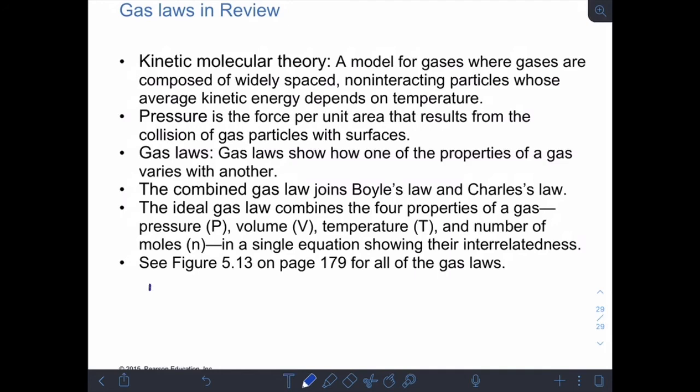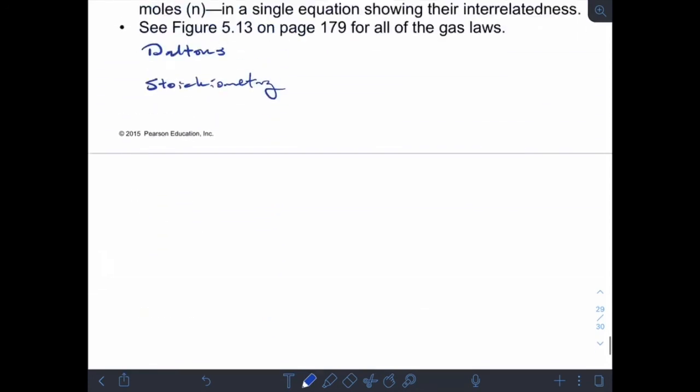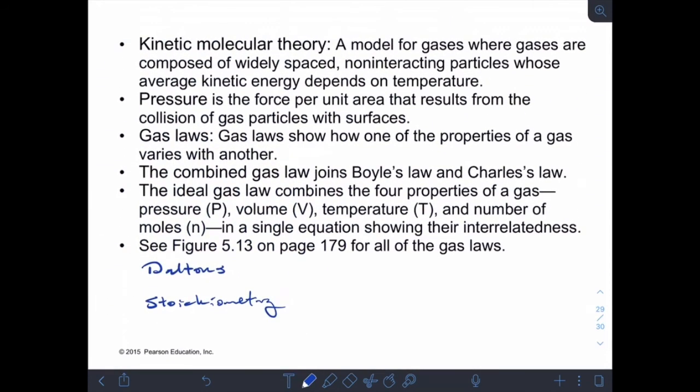And really, there should be a part here about Dalton's law and stoichiometry. I think there used to be a second slide part of this review. And there's not, but it's fine.